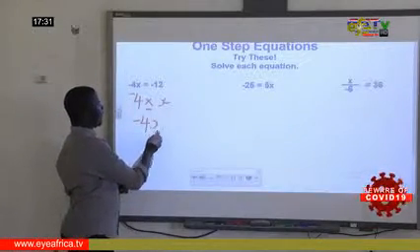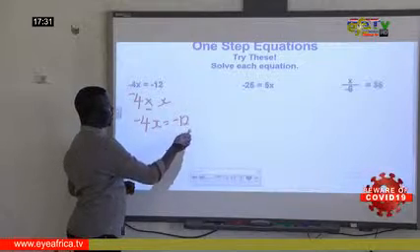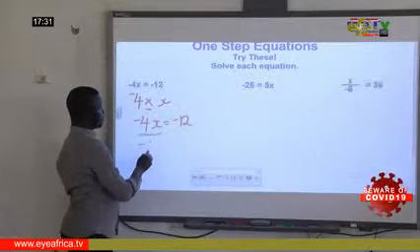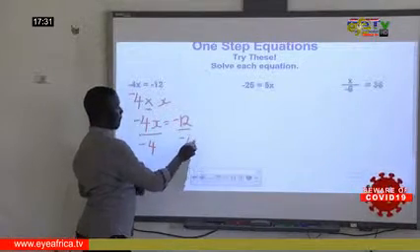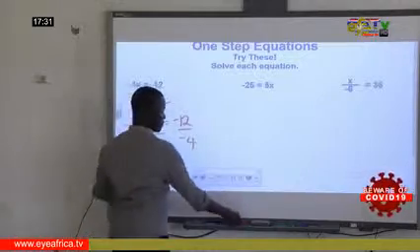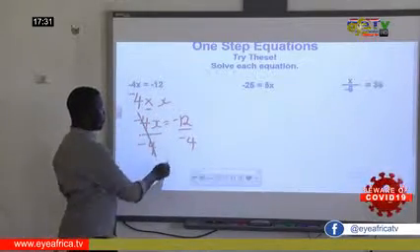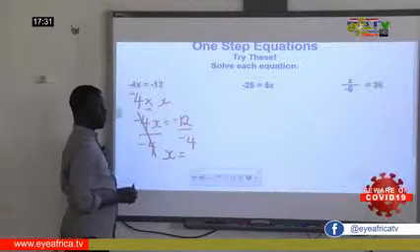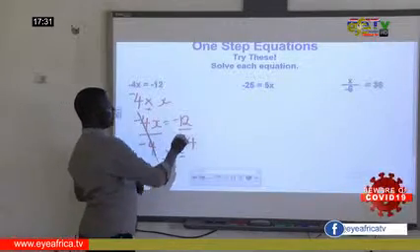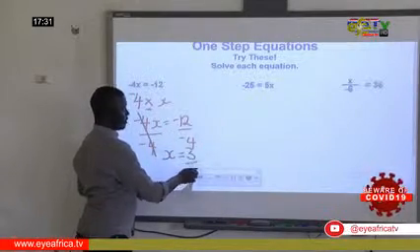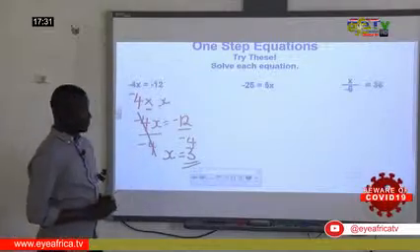We therefore divide both sides by negative 4. As you can see, negative 4 undoes negative 4. So x equals negative 12 divided by negative 4, which is 3.